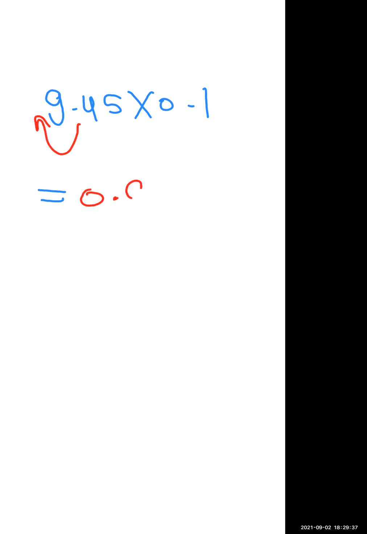Now, guys, if there is a number like this, 9.45 times 0.1, it will equal, without multiplication, without calculations, mentally, I'm going to shift the decimal point to the left one place, correct? So it will become here, 0.945. Finished.